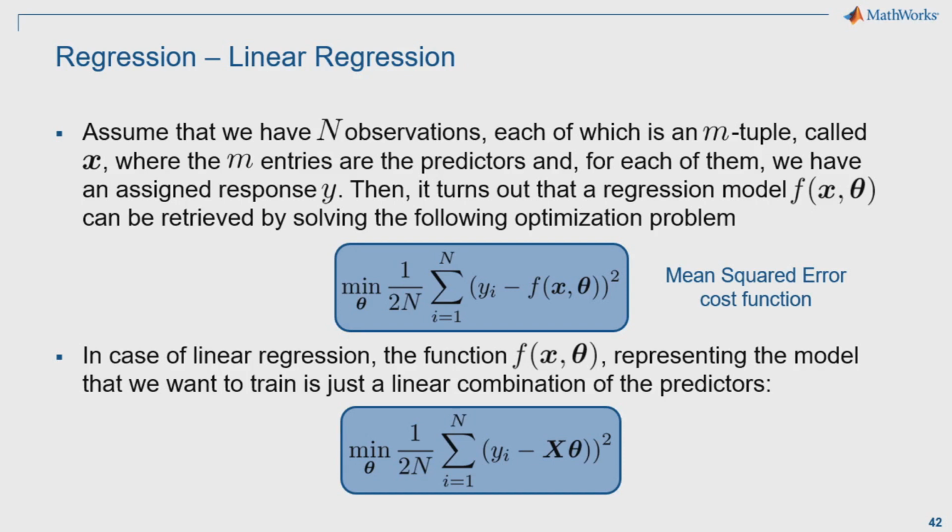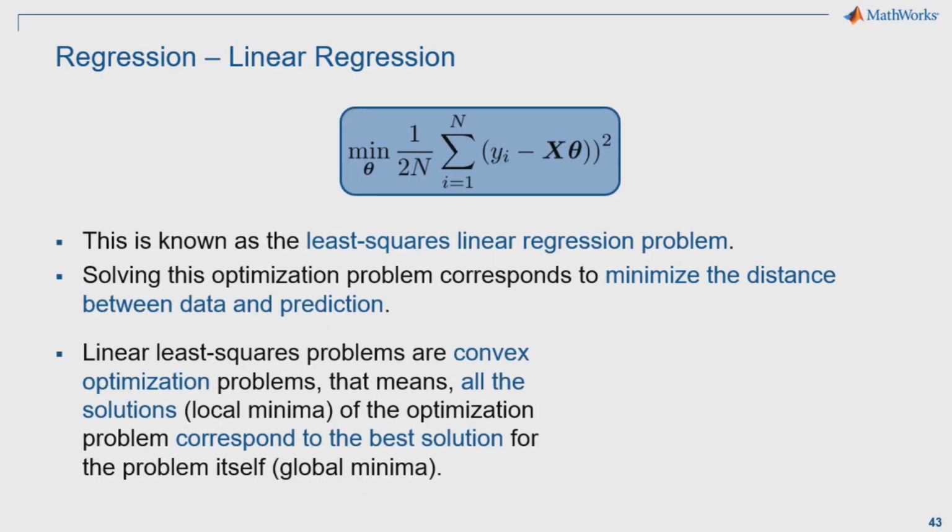So in the linear case it is very easy, because this function f is just a linear combination of the predictors contained in the matrix X and the vector of parameters theta. Typically, one thing that you have to do is to have in mind a model to do regression. You should not have a model, but at least have in mind a possible model that can fit your data.